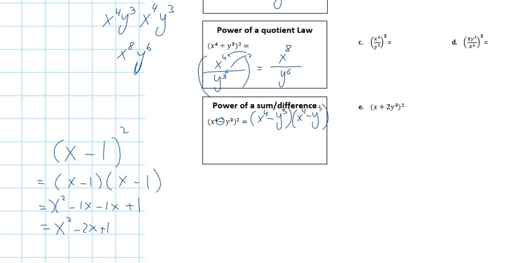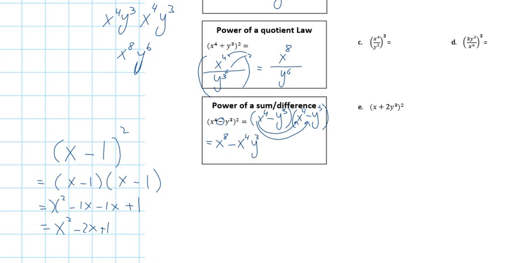Okay, so now let's do the FOIL. x to the 4 times x to the 4 gives me x to the 8, because you add your exponents. 4 plus 4 is 8. x to the 4 times negative y cubed is going to be negative x to the 4 y cubed.